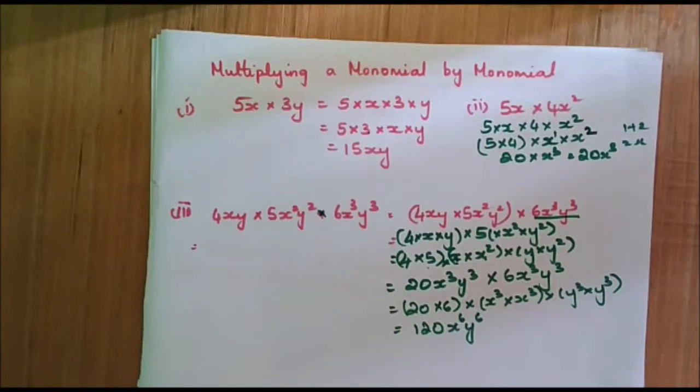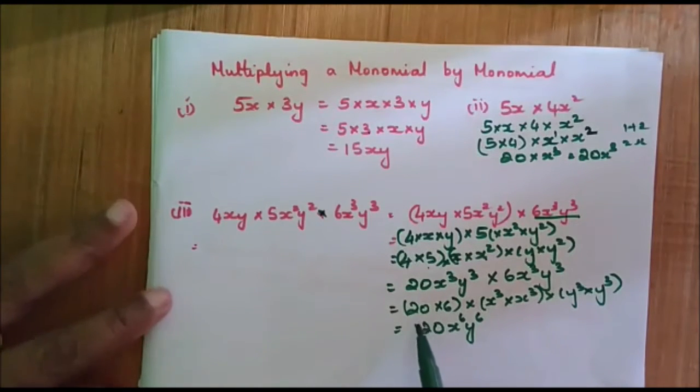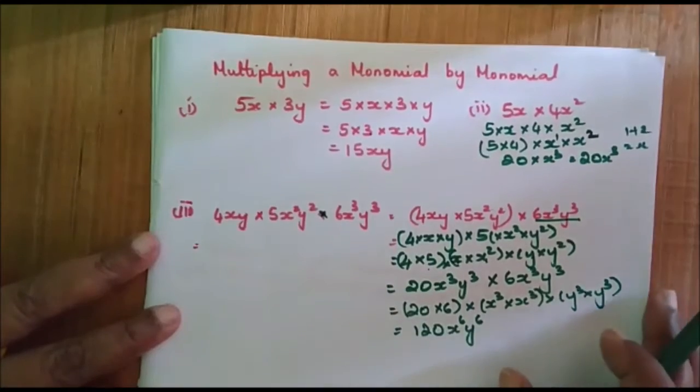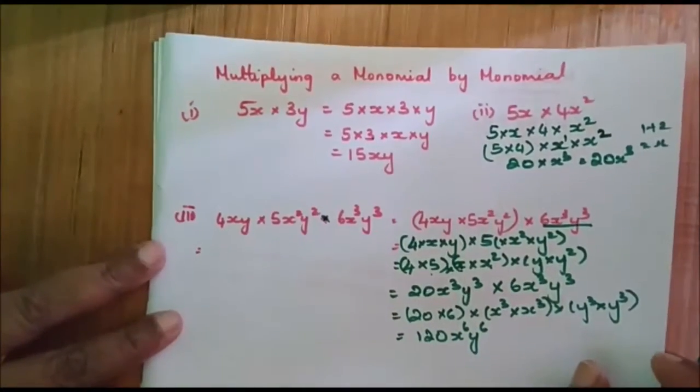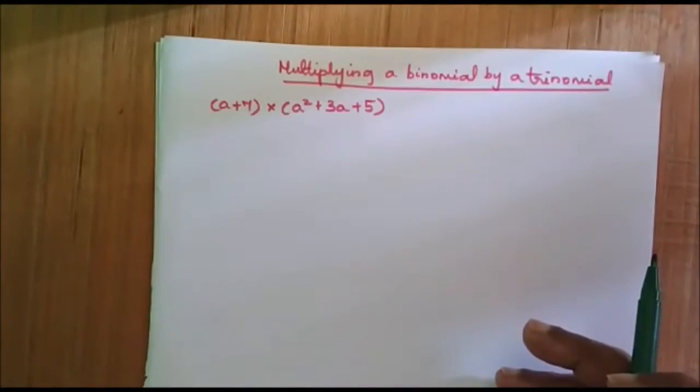I hope you understood how we solve this problem. The x powers will get added up, and you have to bring the constants together and multiply them. So this is how we multiply a monomial by another monomial.